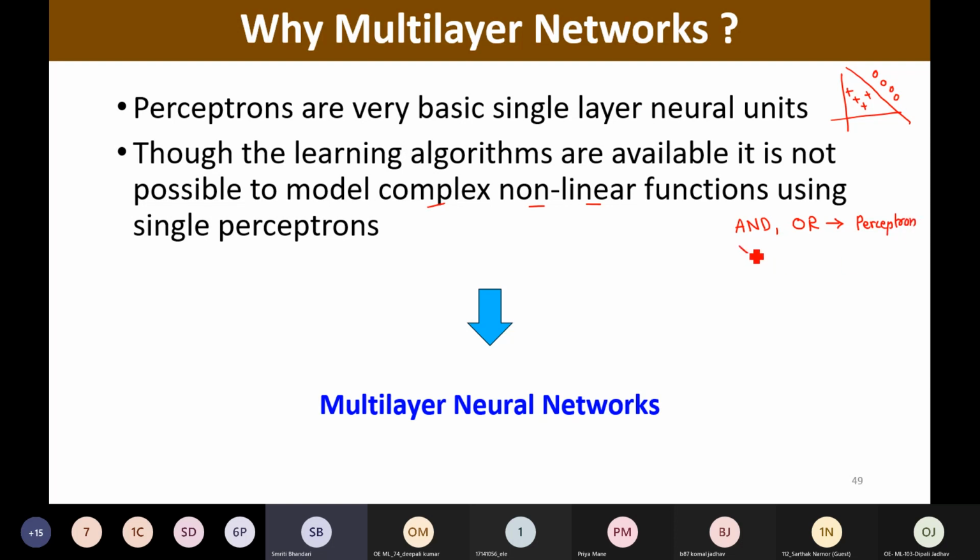But if I am having a function like the Boolean XOR function, how does it look? If I have two inputs, say x1 and x2, then the truth table for Boolean XOR is like this.